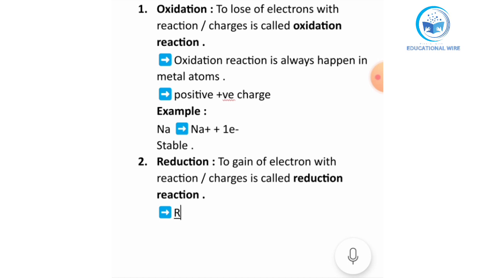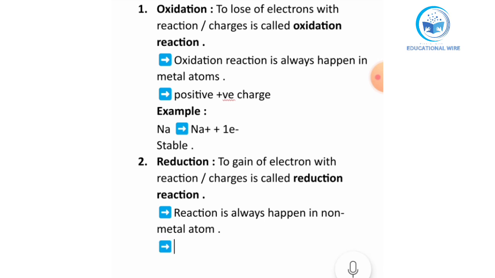Here, the reaction always happens in non-metal atoms. And the second point: in oxidation, when it loses its electron, it has a positive charge. So when it gains the electron in reduction, we have a negative charge.